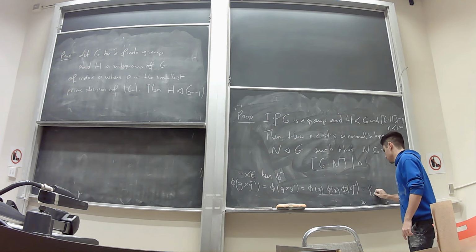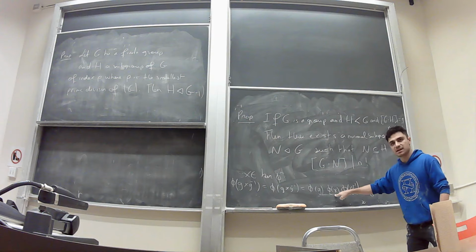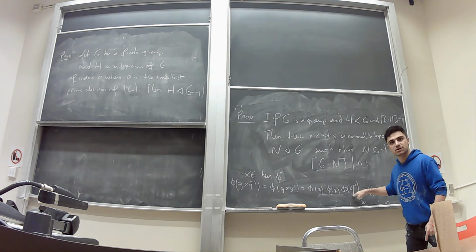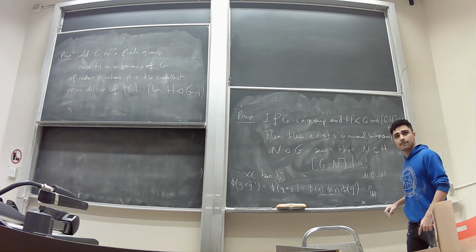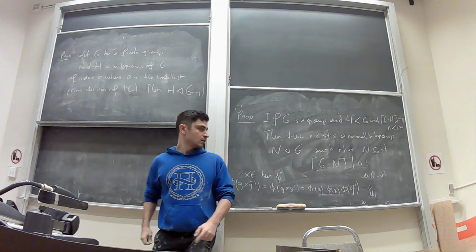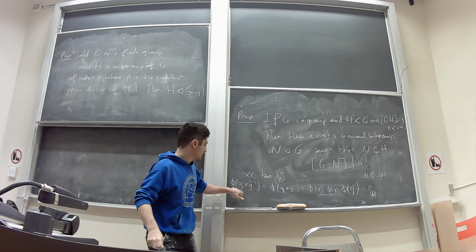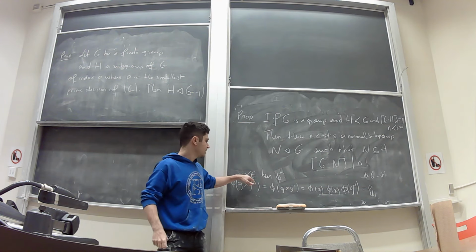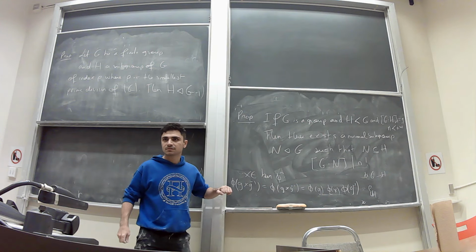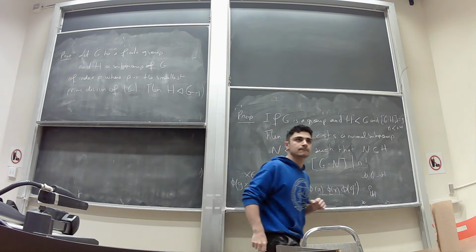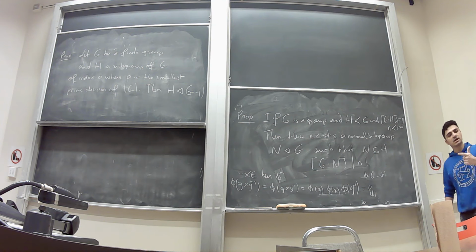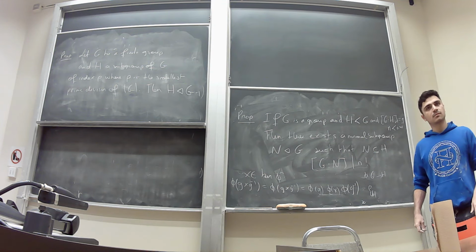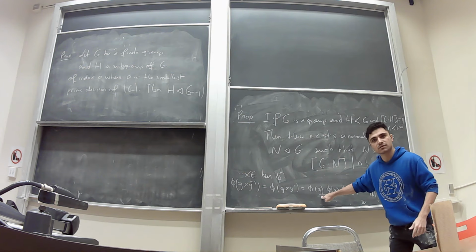Phi of x is the identity, and phi of g and phi of g inverse cancel out, so you get the identity in H. If you have a group homomorphism from G to H. But how does that show it's normal? It's a subgroup first of all, and g x g inverse belongs to the kernel of phi for every x in the kernel of phi and every g in G. Normal subgroup: g belongs to G, h belongs to H, g h g inverse belongs to H.